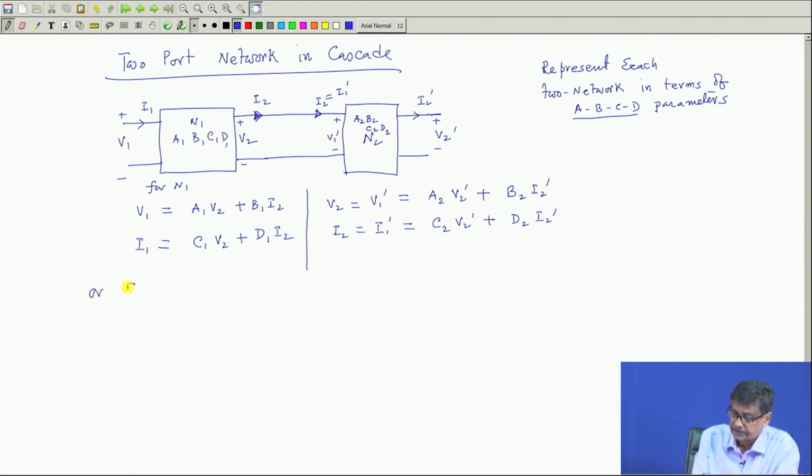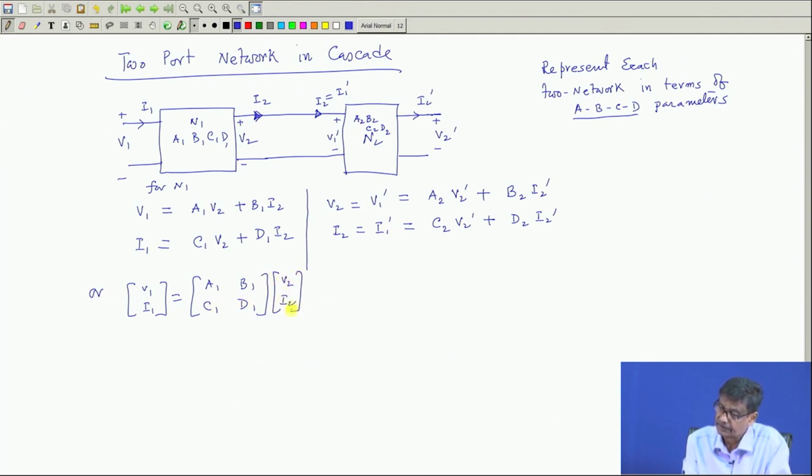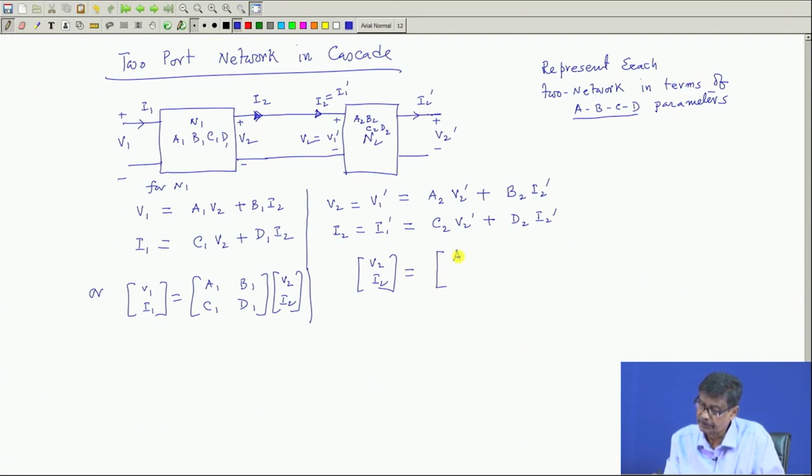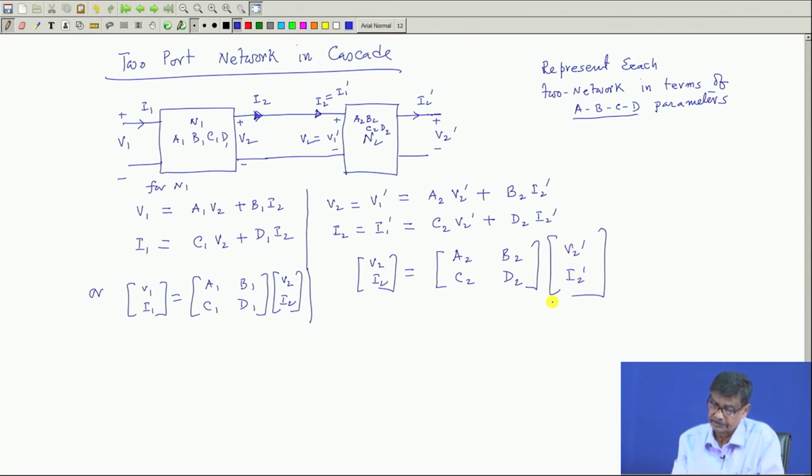So, here first I write V1, I1 is equal to A1 B1 C1 D1, and here we write V2 I2. Also, we get V1 dashed, which is equal to V2 because of this connection, and V2 I2 is equal to A2 B2 C2 D2 and V2 dashed and I2 dashed. This way I will write it.